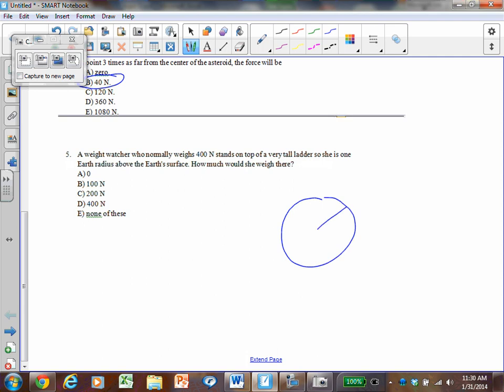This causes the FG here when you're separated this distance from the center. Okay? Now she builds a ladder to go out that distance plus an equal amount. What has happened to the distance between the objects? It's doubled. And if it's doubled the distance, how many times less is the force? 4 times less.